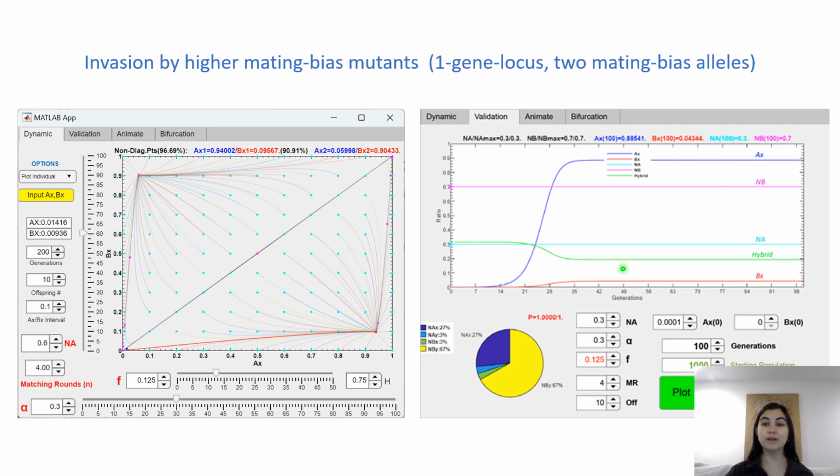BX is shown by the red line here. The green line represents the ratio of hybrid offspring, and as you can see, the two populations converge to fixed points. Thus, the hybrid ratio decreases, indicating there is pre-mating reproductive isolation between the two populations, AX and BX.